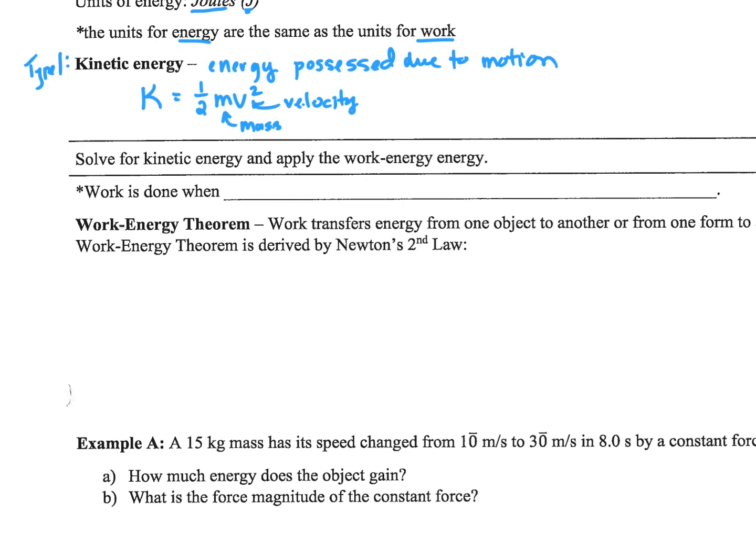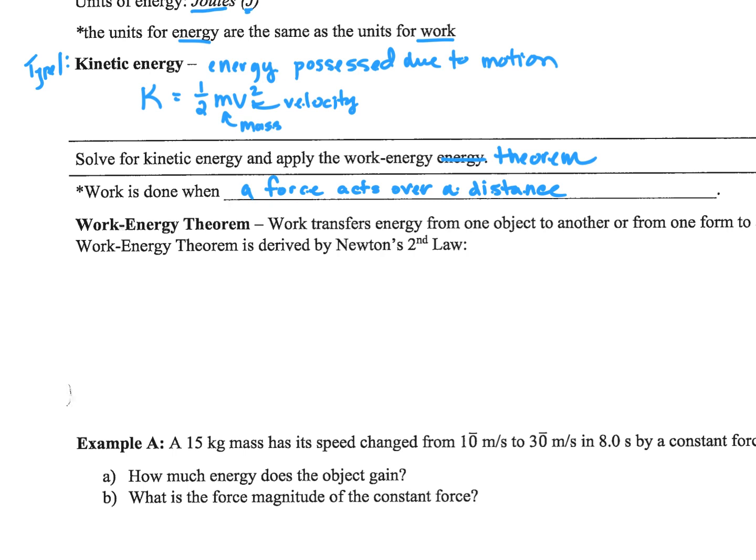So how do we solve for kinetic energy and apply the work energy theorem? Work is done when what? In other words, how do we get something moving? A force acts over a distance. We know this.